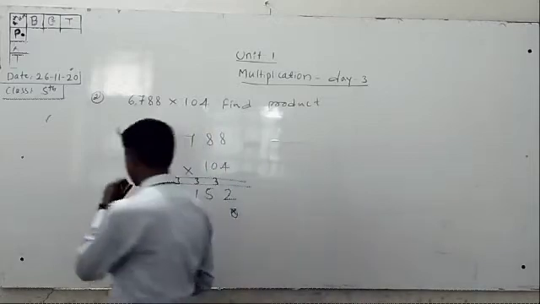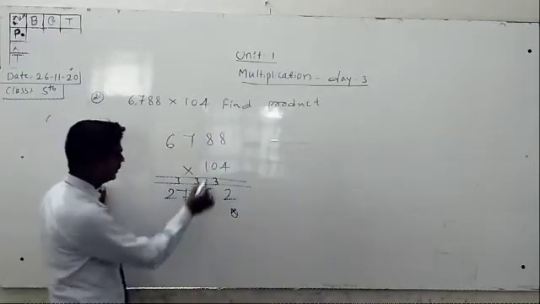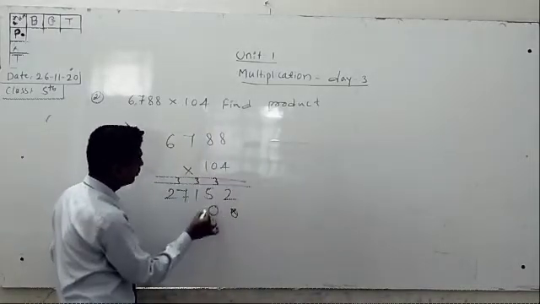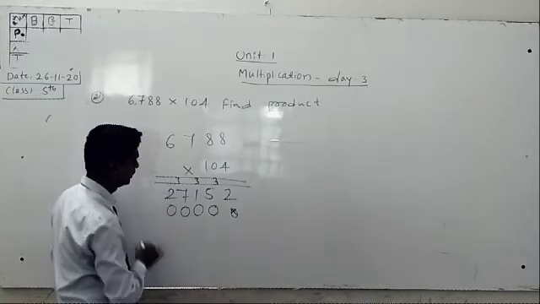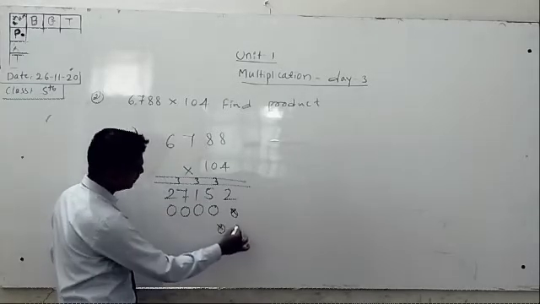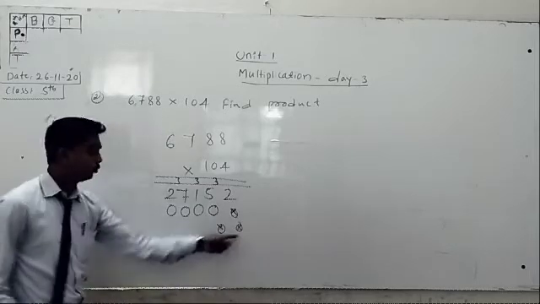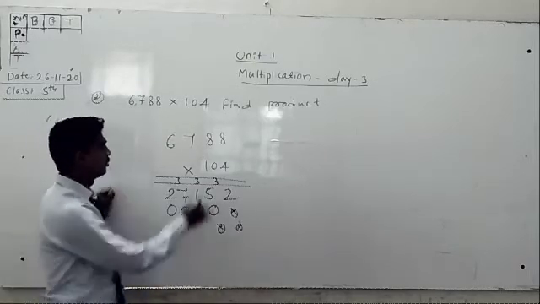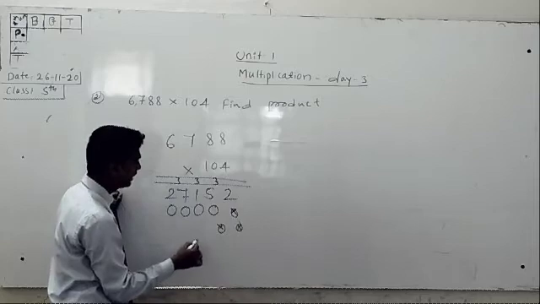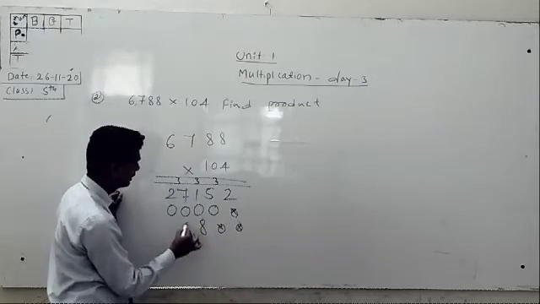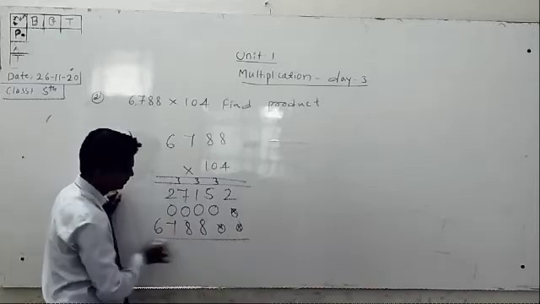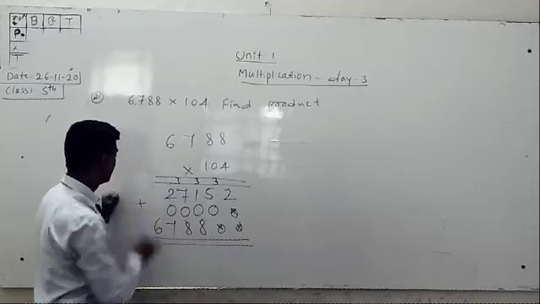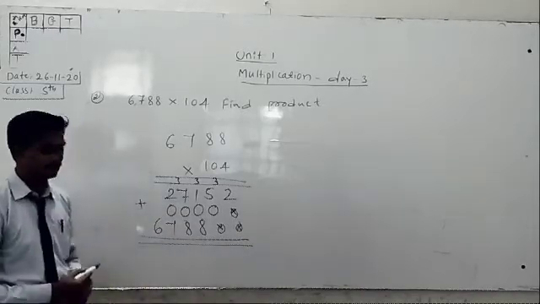Okay, that is one property. 0 8s are 0, 0 8s are 0, 0 7s are 0, 0 6s are 0. Then two numbers are completed, so leave 2 places. Then go to the next. 1 8 is 8, 1 8 is 8, 1 7 is 7, 1 6 is 6.